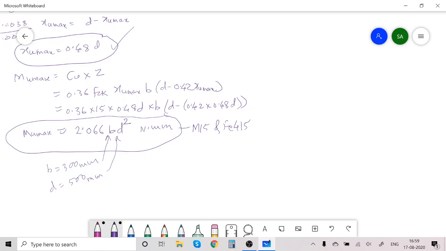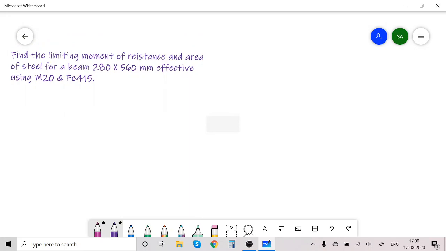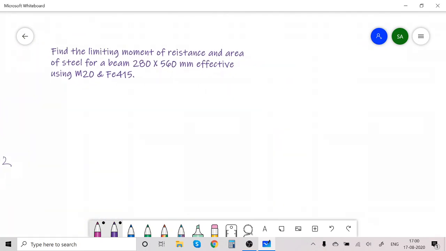Now let us consider the third problem. Find the limiting moment of resistance and area of steel for a beam 280 by 560 mm effective.